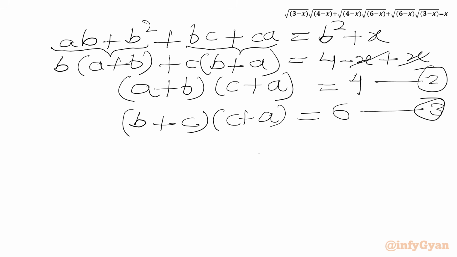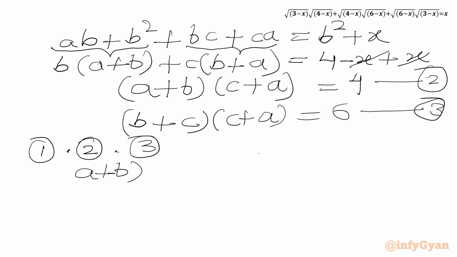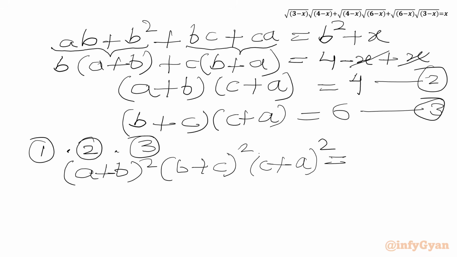Now we will multiply all the three equations. So I will write here 1 times 2 times 3. So I can write here A plus B whole square times B plus C whole square times C plus A whole square equal to 3 times 4 times 6. 12 times 6, 72.